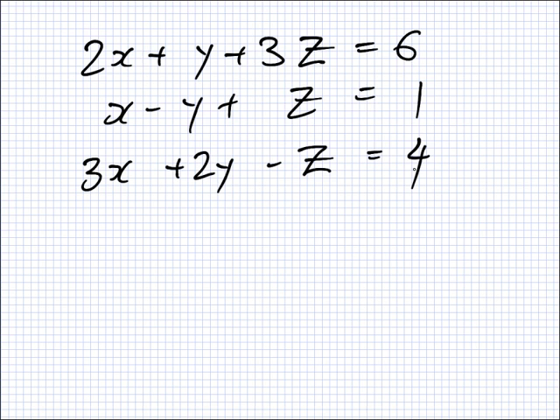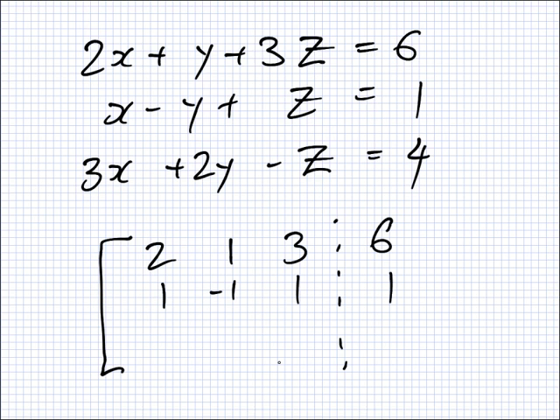Let's look at the Gaussian method in action here. So our block is 2, 1, 3, 6. And the next one is 1, minus 1, 1, 1. And the next one here is 3, 2, minus 1, and 4.